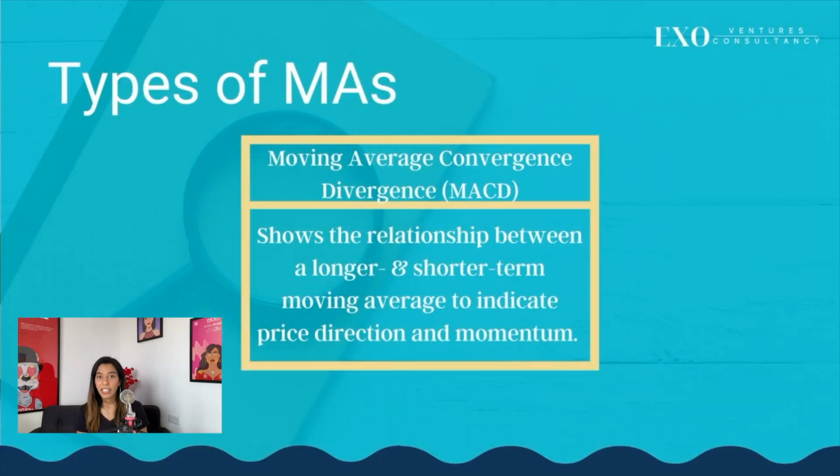There's also a very specific moving average indicator that uses the exponential moving average, and it gets calculated by subtracting a longer term exponential moving average from a shorter term EMA. This indicator is called the moving average convergence divergence, or MACD, and it is used to indicate the momentum of price and the overall trend that the price is moving in.